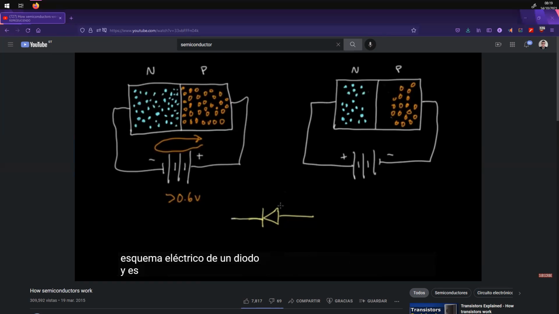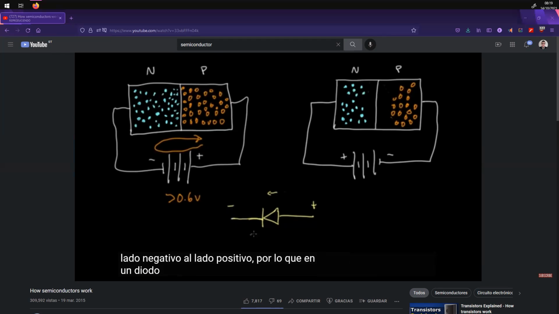And it's a little bit confusing because you have this arrow that points in this direction here. That's because electrical engineers tend to prefer to think about current flowing in a positive direction, so from positive to negative, when in reality it's the electrons that are flowing from the negative side to the positive side.